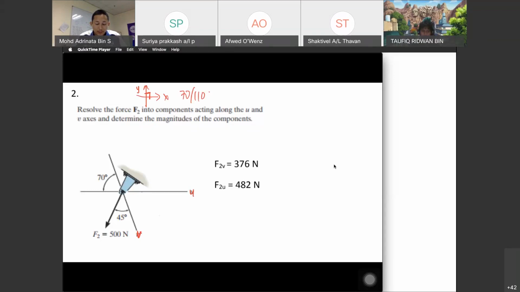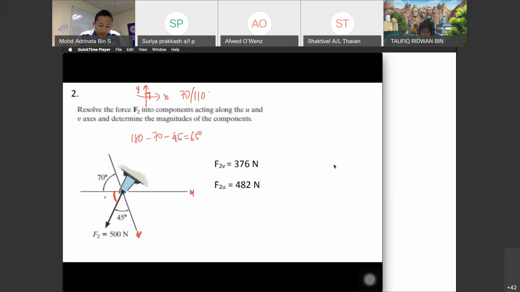So the components is U and V lah. Okay, so we have 70 degree. The theta is 180 minus 70 minus 45, and we get 65 degree.